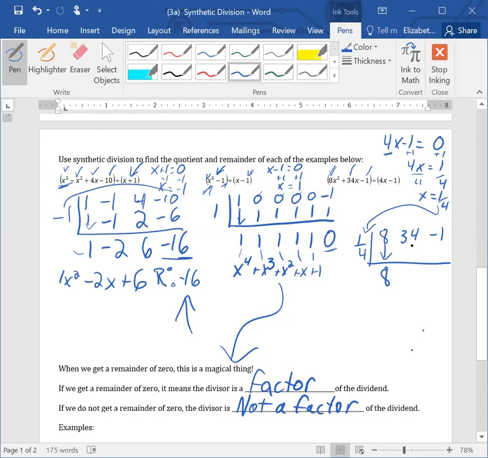That's 2. All right, 34 plus 2 is 36. And what is 36 times 1/4, or 36 divided by 4? It's 9. Negative 1 plus 9 is 8. Okay, and then we're done because we have no more numbers on the right. All right, so even though 1/4 is going to 8, we're done, okay?